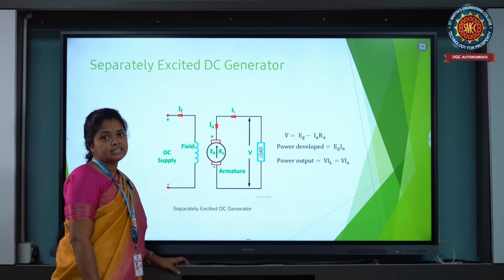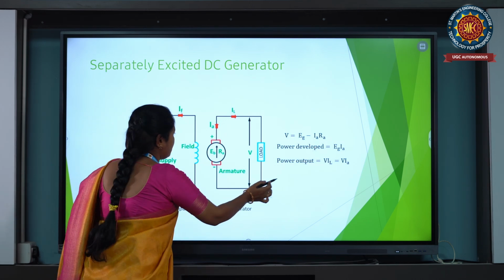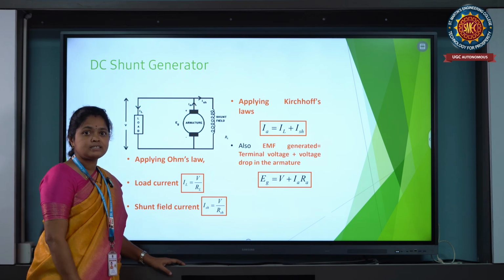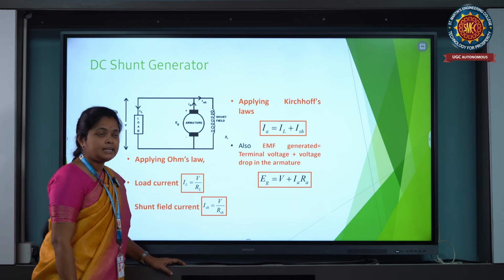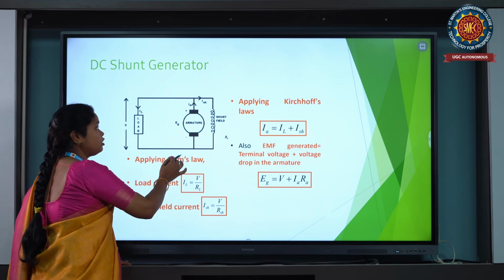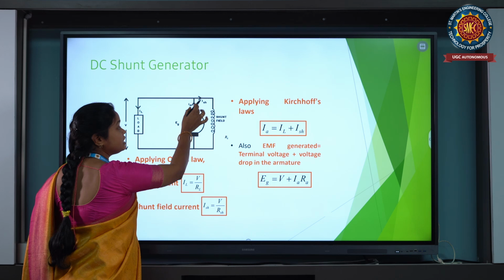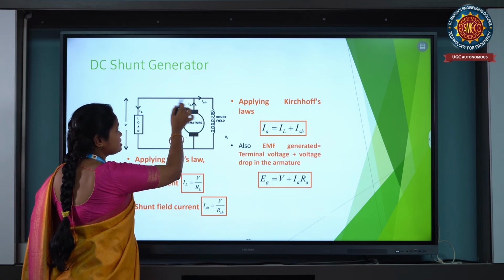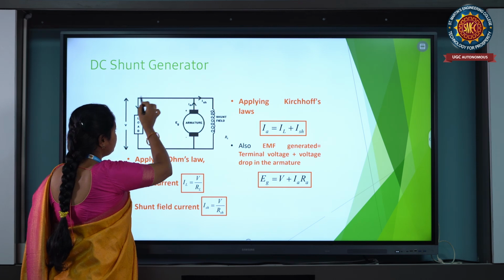EG is called the generator EMF. Coming to the self-excited generator, it is the same circuit, but it differs in the direction of current. So these are the currents: IA is going to the load.